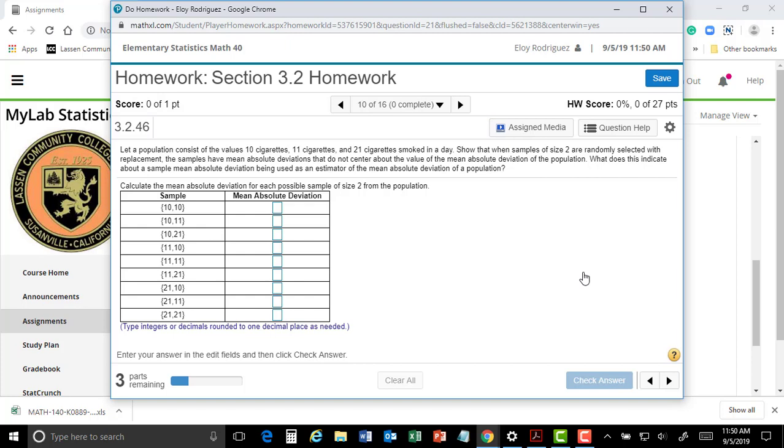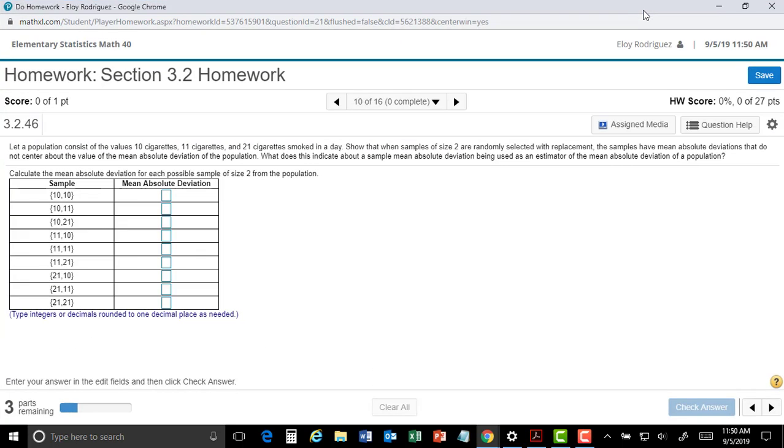So you have the population. I don't think I can make it bigger. Okay, it's bigger, but the size didn't change. Anyhow, let the population consist of 10 cigarettes and 11 and 21 cigarettes smoked in a day.